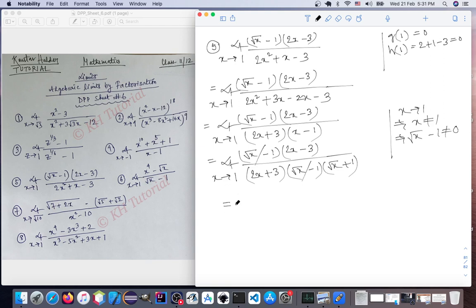Now if we substitute the value of x as 1 in the leftover term, we get 2 minus 3 divided by 2 plus 3 multiplied by 1 plus 1. This becomes minus 1 by 10. Minus 1 by 10 is the answer.